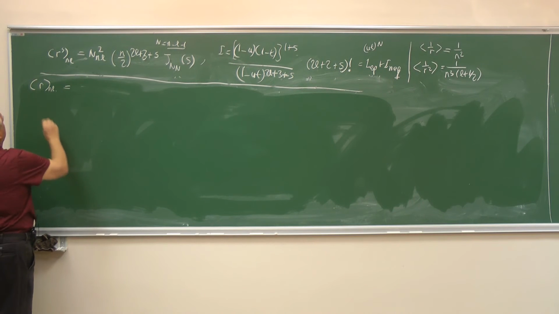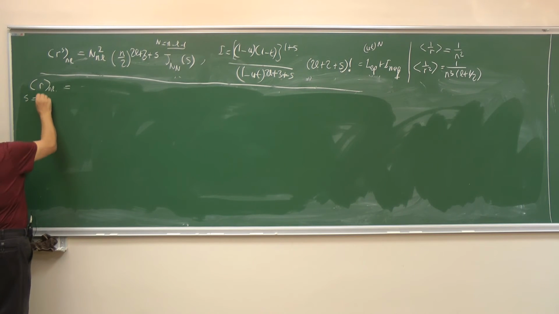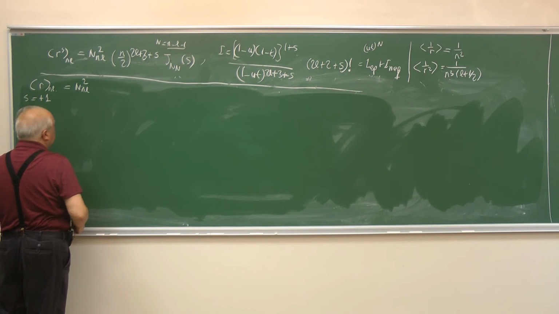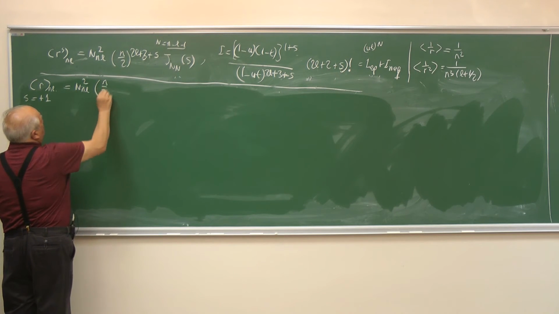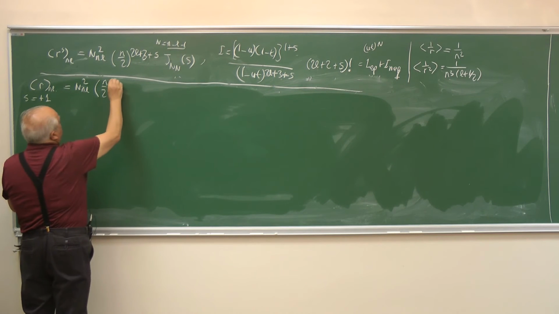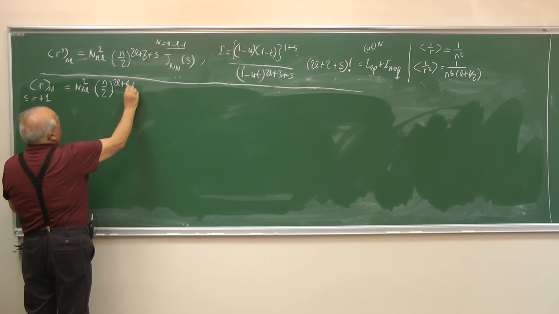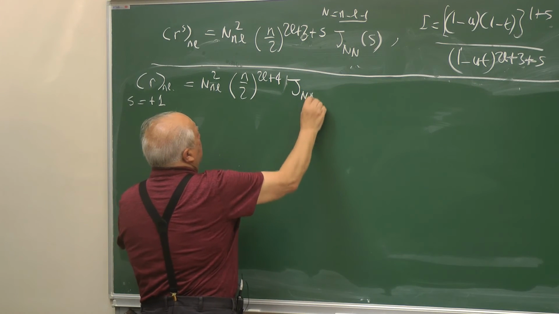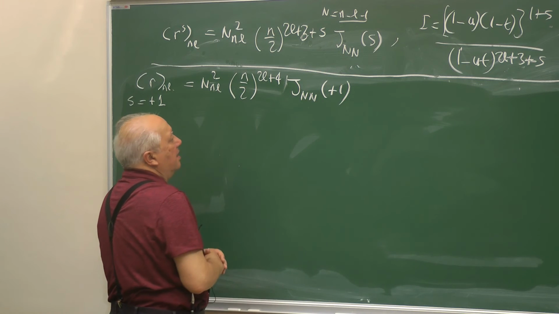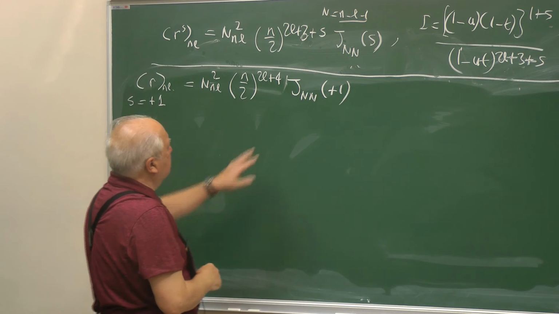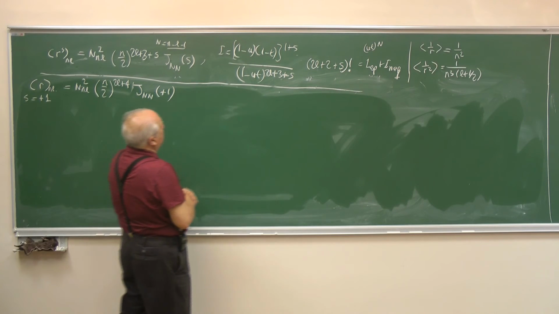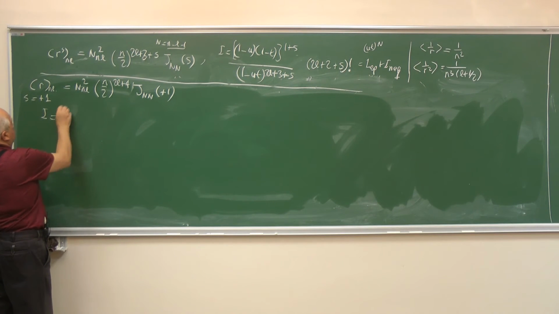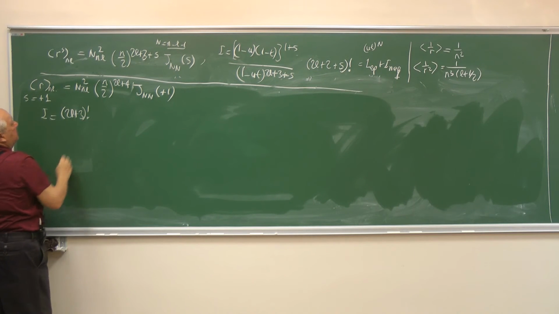So s equals plus 1. So this is n and l squared, n over 2. s is 1, so this is 2l plus 4 times J_nl, and we will extract J_nl from this integral. s is 1, so I am writing the factorial first, (2l+3)!.